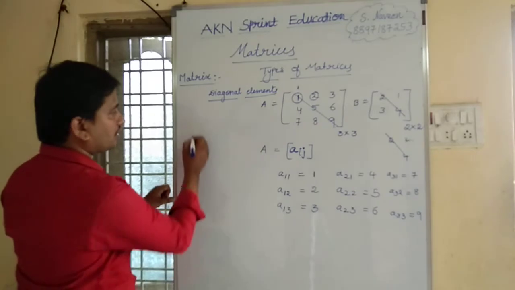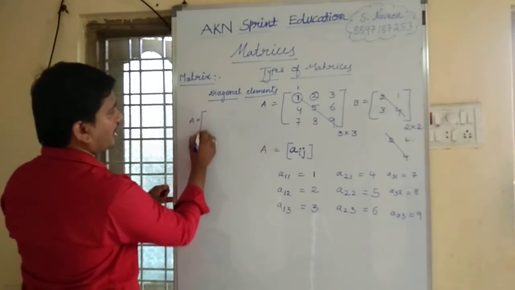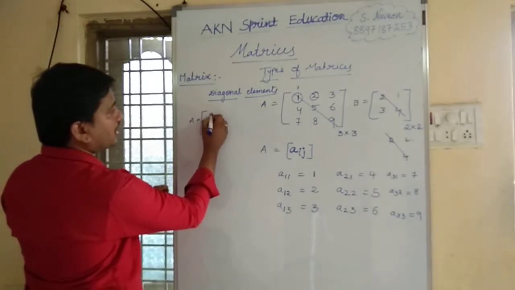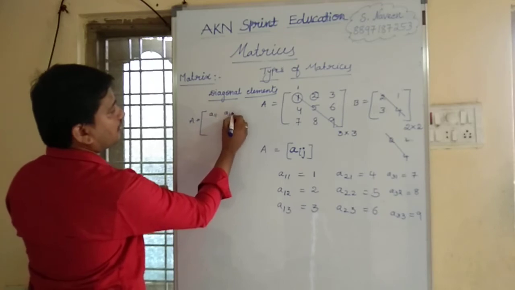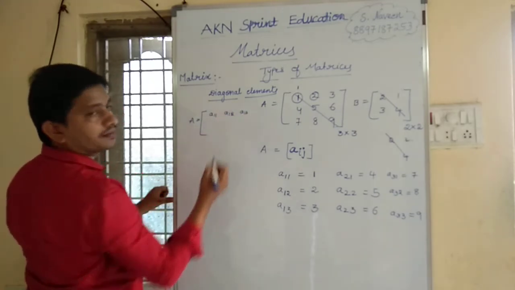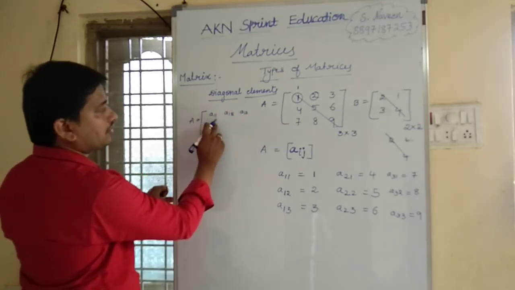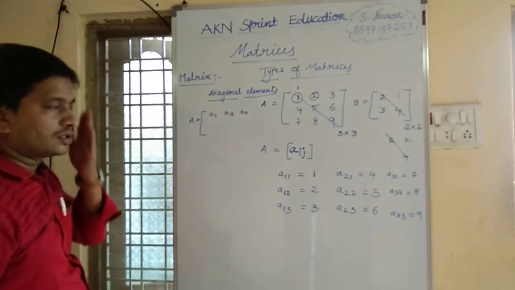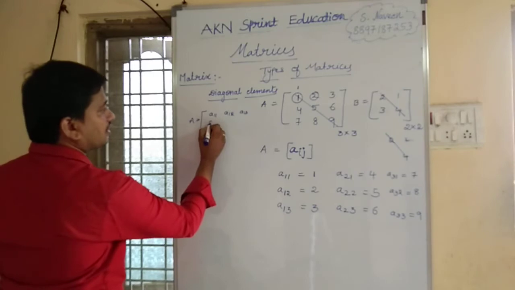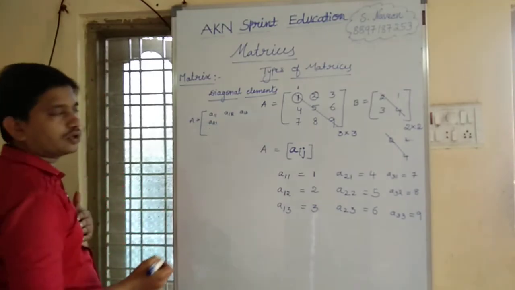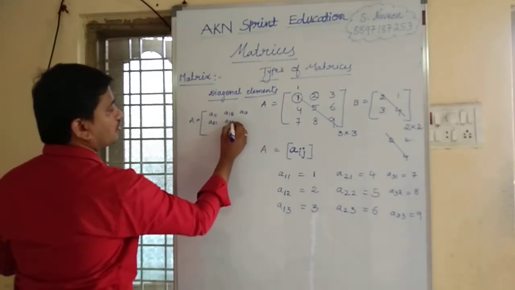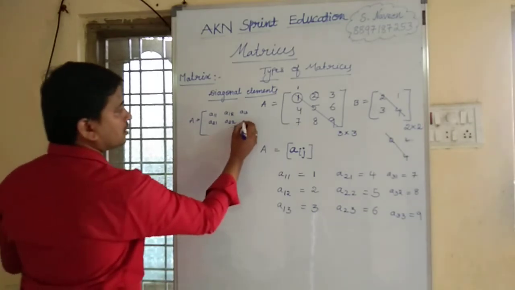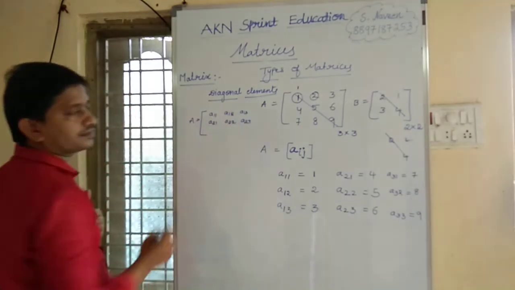So if I write the elements in compact form, that is A11, A12, A13: first row, first element; first row, second element; first row, third element. And this is second row, first column; second row, second column; second row, third column.